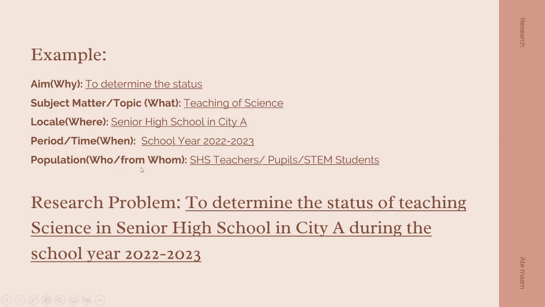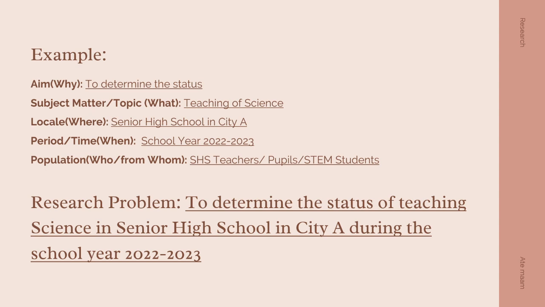And for the population, from whom, it depends. You can write the people that you will be getting data from. For example, you will ask scientists, or if you have the fabric, you will ask the students or any individuals who will be wearing the fabric or clothes.